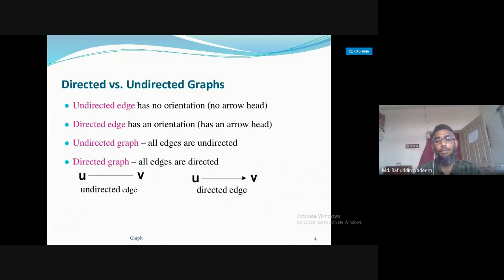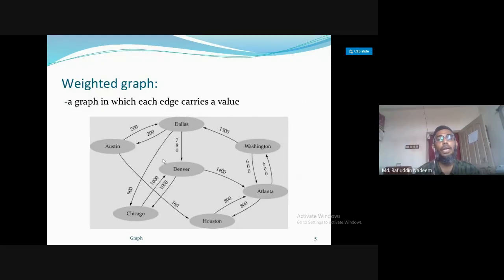Next is the weighted graph. A graph is called a weighted graph if each edge carries some value. If there is a value mentioned along with the edges, then it is called a weighted graph.